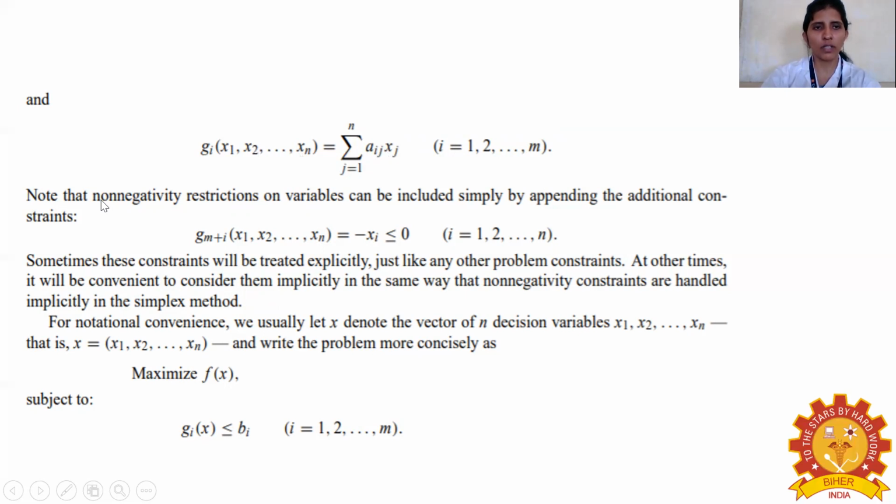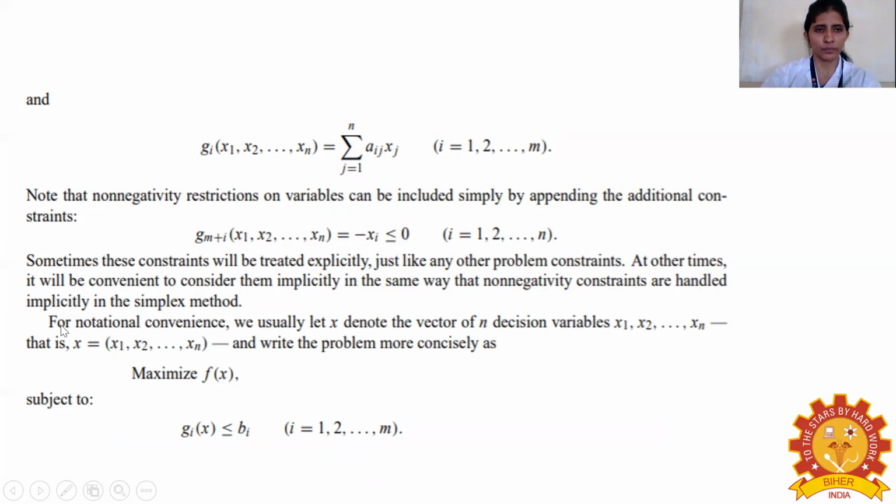Okay, so we note that the non-negativity restrictions on variables can be included simply by appending the additional constraints g m plus i. Okay, so we can include a non-negativity restriction on the variable where the constraint g m plus i will be equal to minus xi, and this will be less than or equal to 0 because this is a maximization problem.